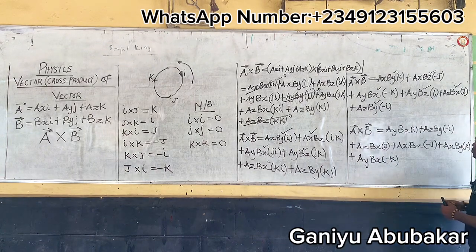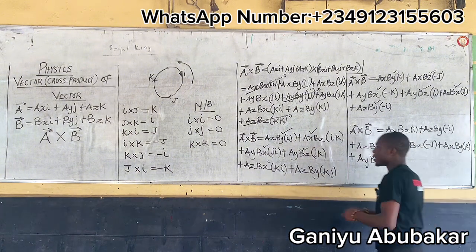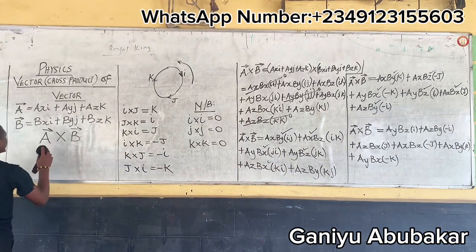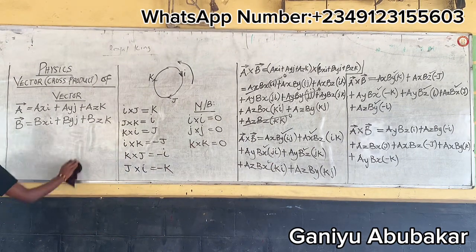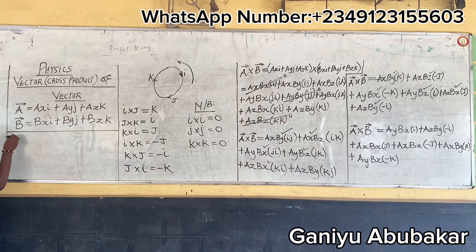Now here's the thing. Look up. This one will remain the same. If minus times plus, I have minus. So in essence, my formula for the cross product, if I multiply vector A with vector B in terms of cross product, I will have what?